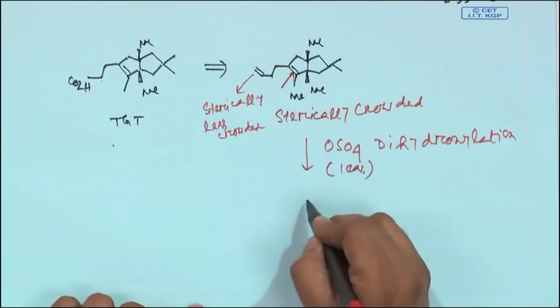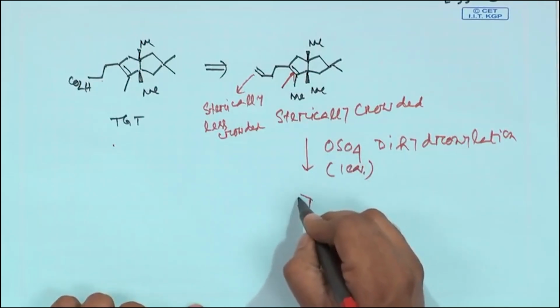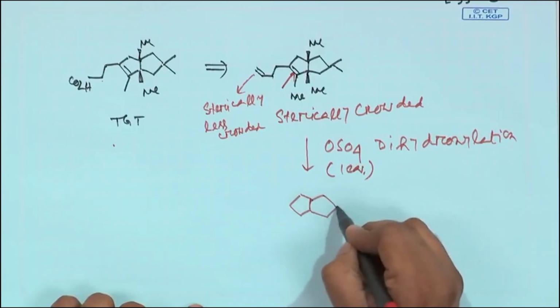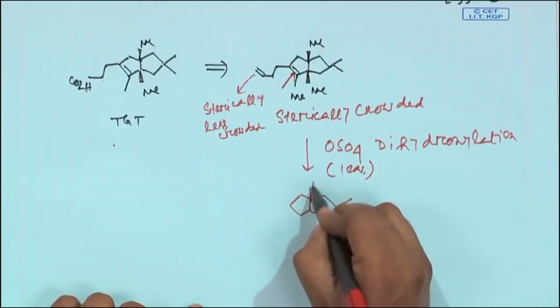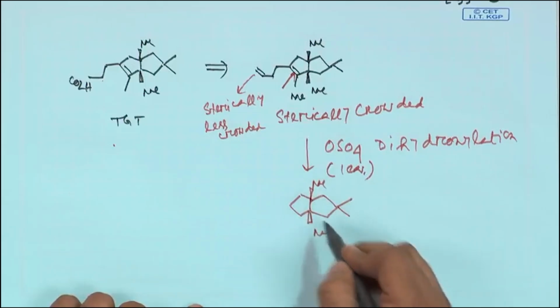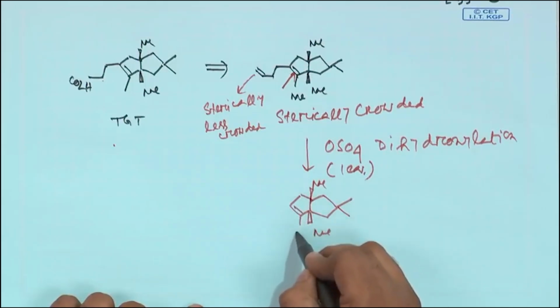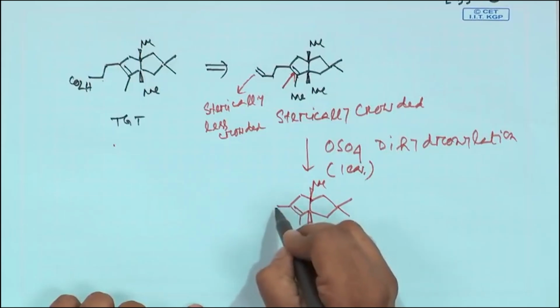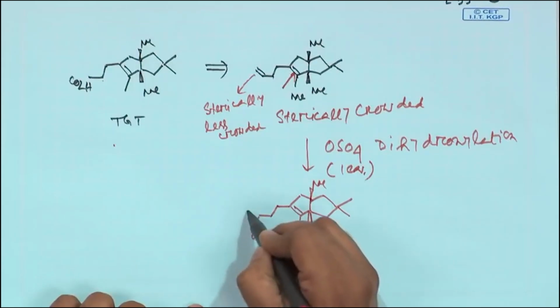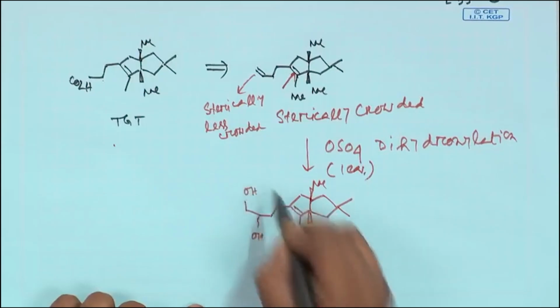If you use this, only the terminal double bond will be affected, and you will get the corresponding diol. Fine.